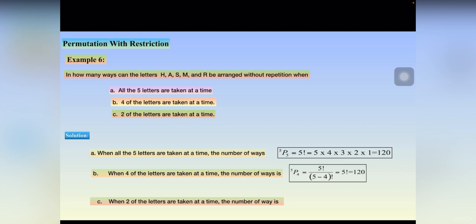C. When 2 of the letters are taken at a time, the number of ways is 5P2 equals 5 factorial over 5 minus 2 factorial equals 5 factorial over 3 factorial equals 20 ways.